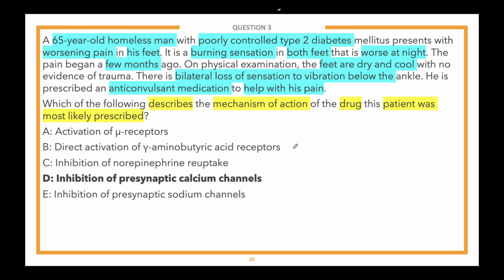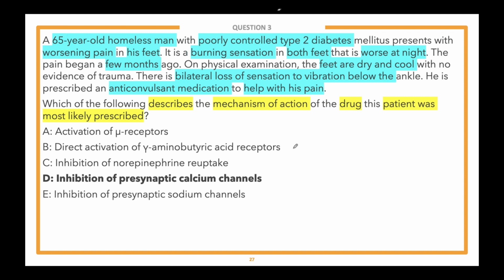Answer choice C, inhibition of norepinephrine reuptake. This is something that would be getting more so at tricyclic antidepressants. Okay, so this is something that you could also use for diabetic neuropathy pain. However, we're told specifically this is an anticonvulsant, okay, not an antidepressant medication. So less likely to be that.